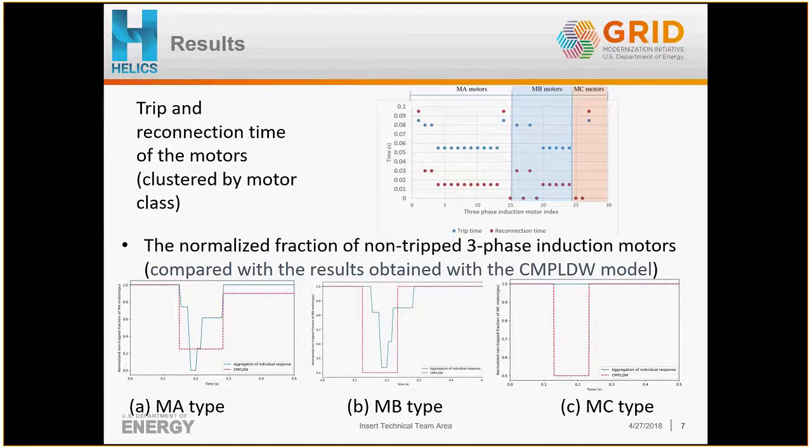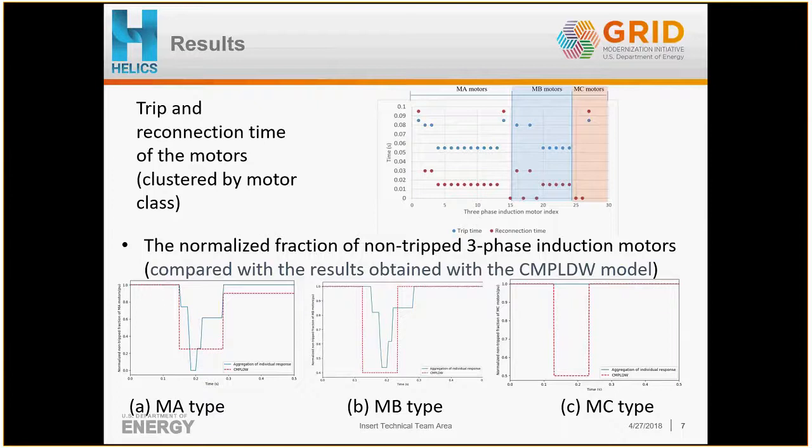We are able to capture the trip and reconnection time of different classes of induction motors. This classification is consistent with existing composite load models. The point here is that you will observe different types of motors have very different responses. One important comparison with the existing composite load model is how the protection at the aggregated level responds.